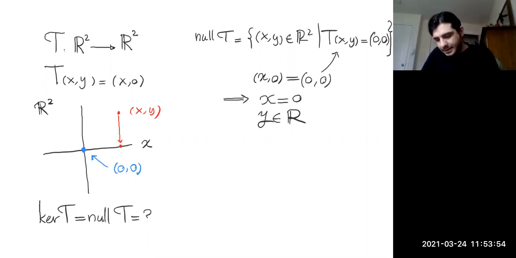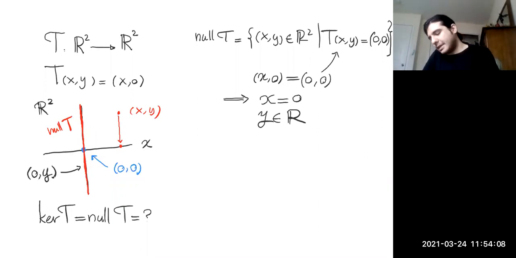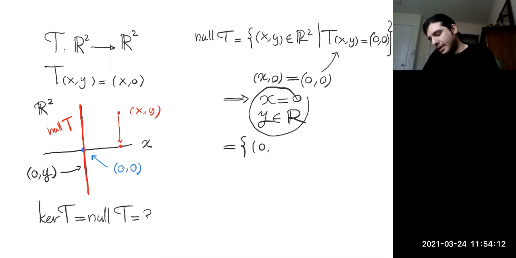And obviously, this is the subspace of R2 which goes to 0. So that's null of T, as you can see. These are the points of the form 0 and y for any y, which is exactly what we got here. So it would be 0 and y, where y is inside R. So this red line here is null of T.